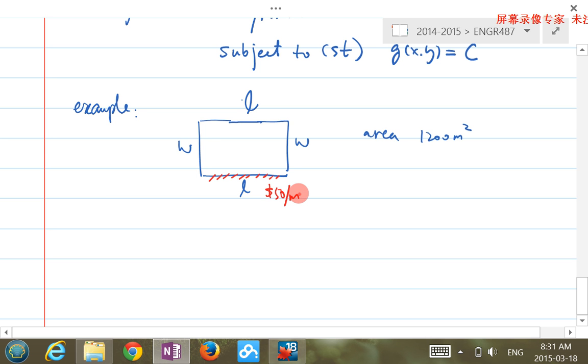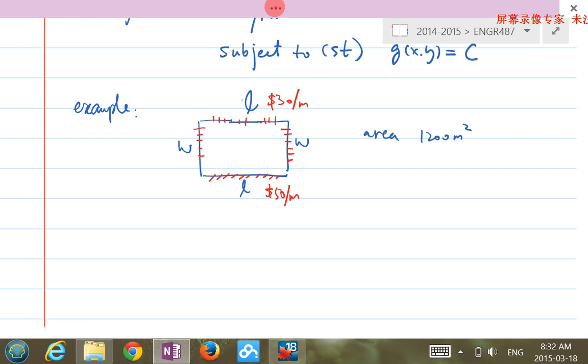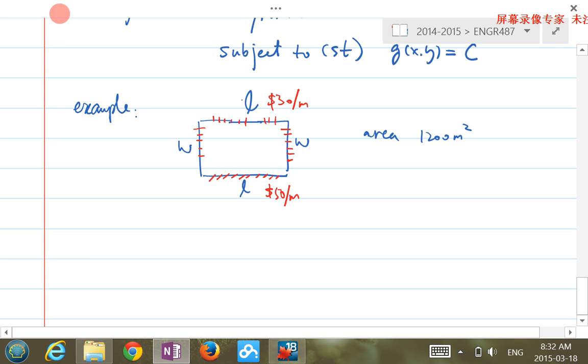For the other three sides, we can use a little bit cheaper material, at $30 per meter. So the question here is, can we come up with optimized W and L values such that the cost is minimized?